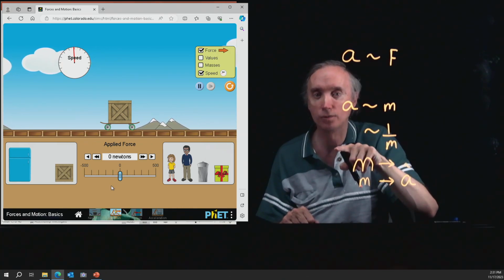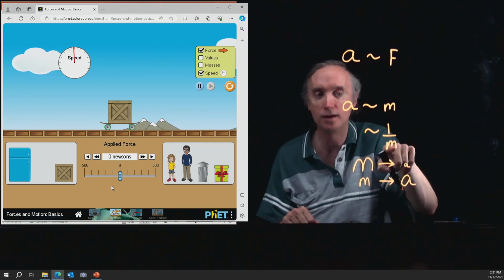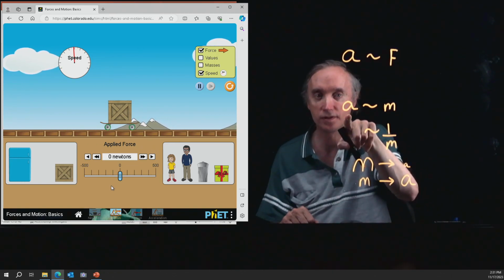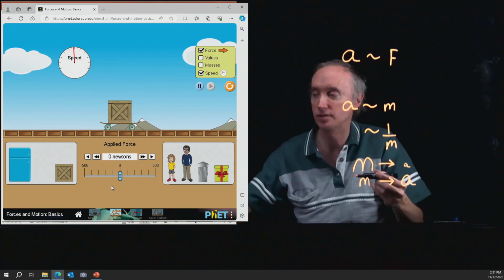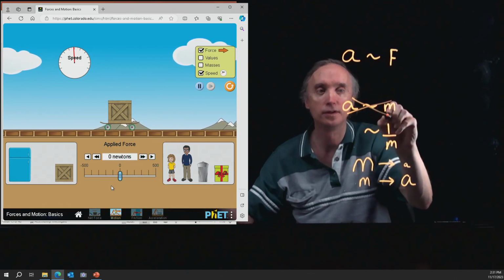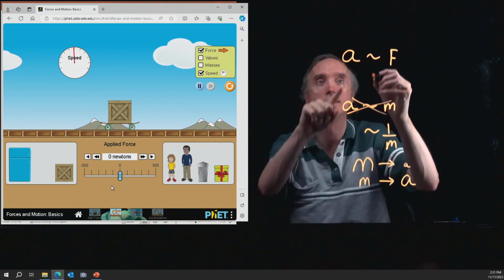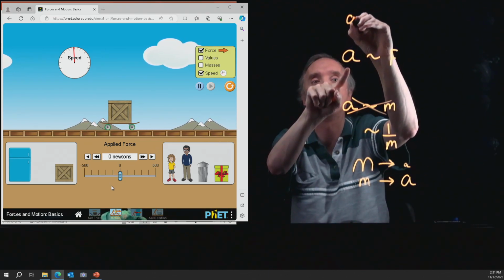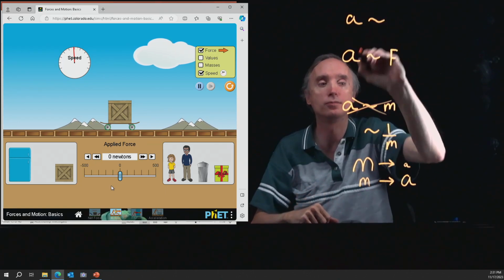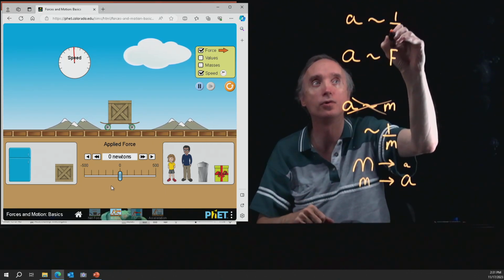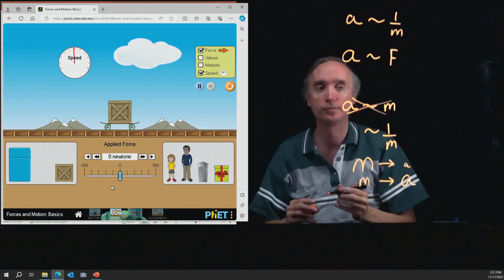What we saw was that if you increase the m, it decreased the A. So that means this one here is not correct. And so now we know that the acceleration A is also proportional to 1 over m.